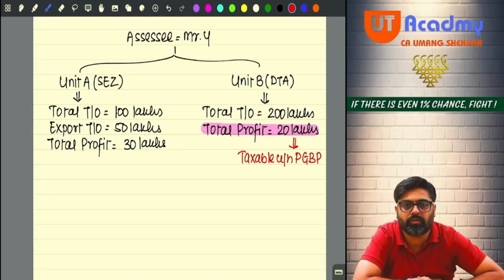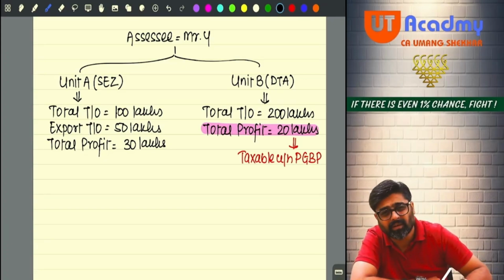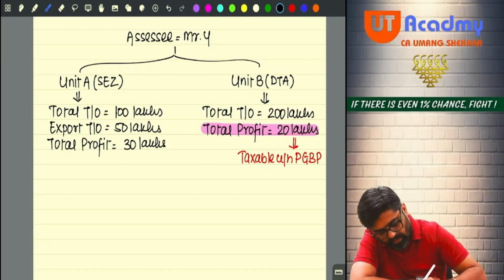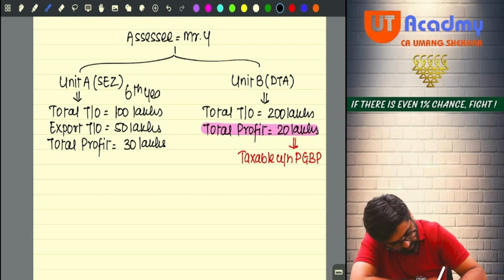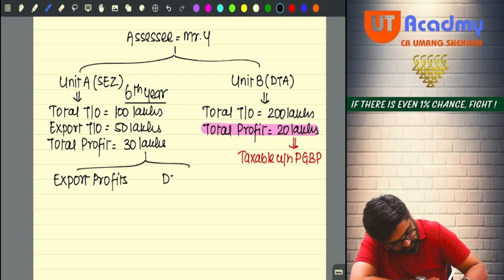Now out of the profits of unit A, the details are given for previous year 24-25. So this is the sixth year of operations. Out of this 30 lakhs, how much will be export profits? That I have to first calculate. Then my DTA profits will be there.